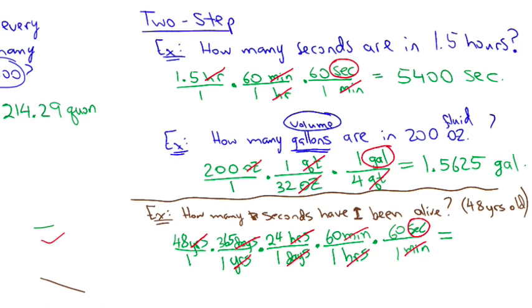Multiply straight across. 48 times 365 times 24 times 60 times 60. A lot. Put a couple commas in there. That's a whole lot, and this would be seconds.